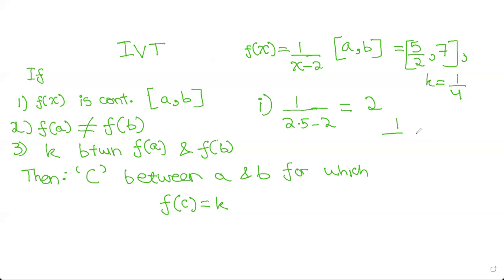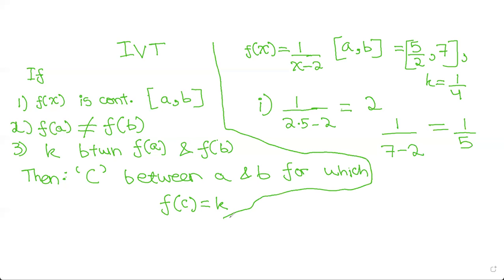And now let's do it for 7, which is 1 by 7 minus 2, which is 1 by 5. Let me just draw a partition here, that's easy for us. So we have 2 and 1 by 5. These are our values for f of a and f of b.